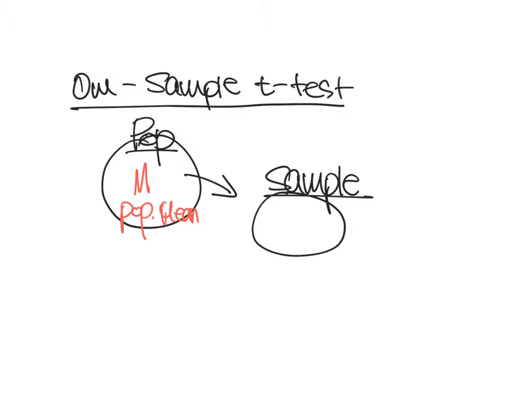So in step number 1, the null hypothesis, initially we set up the unknown population mean as a value, the mu 0. Please remind yourself of STAT 1.